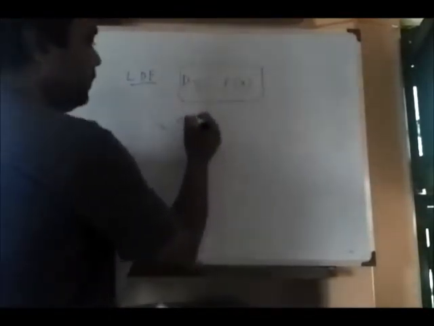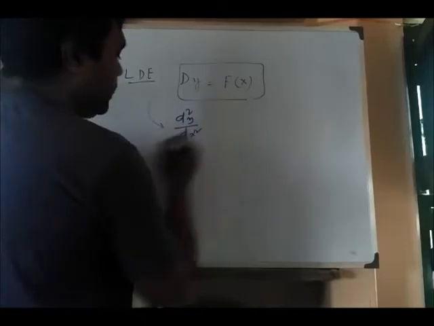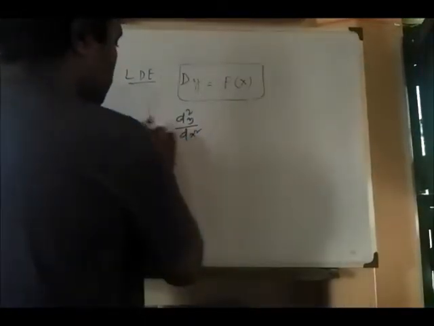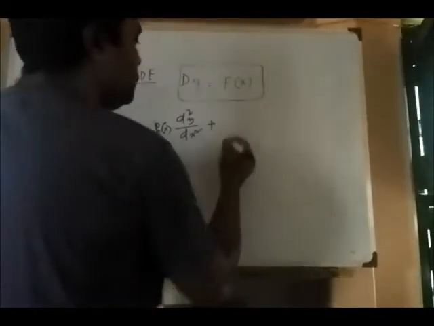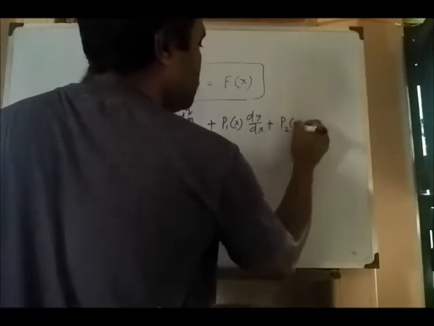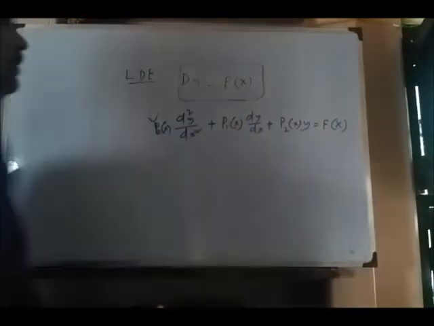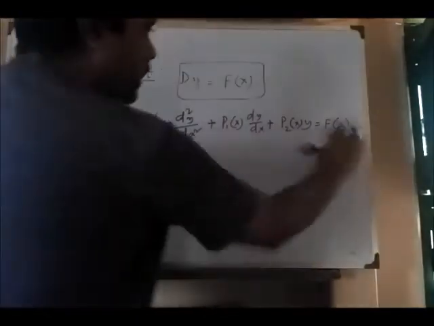So for a linear second order differential equation, as far as we have learned, we can write this differential equation in a much simpler form, that is p0(x) d2y/dx2 plus p1(x) dy/dx plus p2(x) y equals f(x). Obviously there exist some coefficients here.